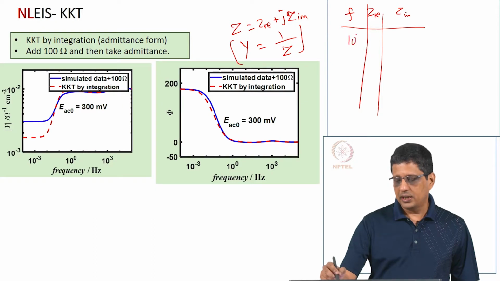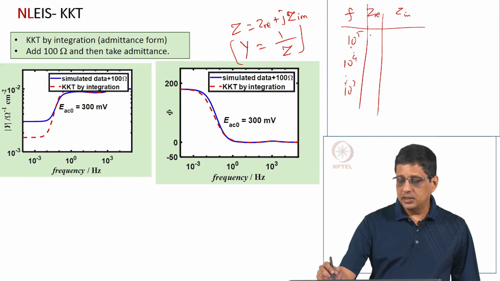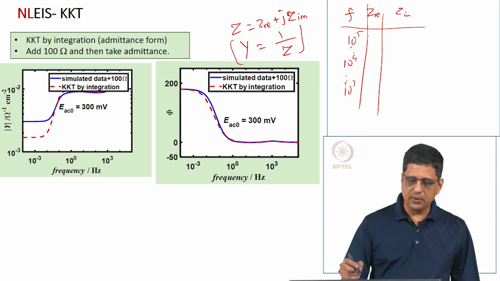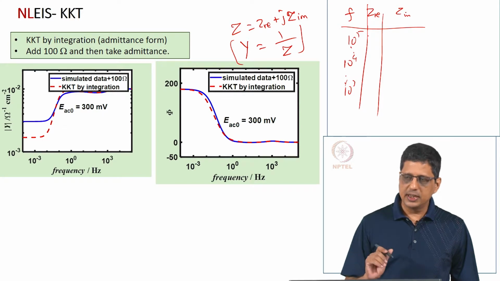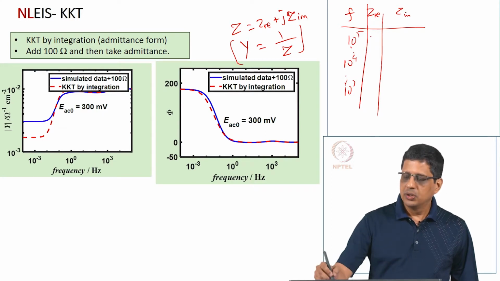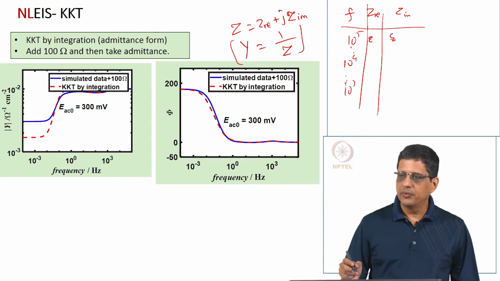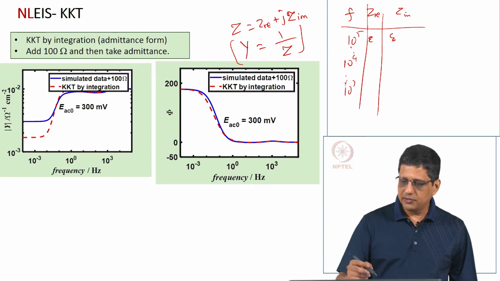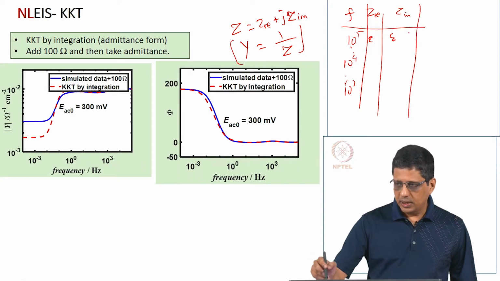So, we have data at 100 kilohertz and of course, many intermediate values. This is going to be a very small number, close to 0, because we assume the solution resistance is not there, right. So, when we take the inverse to find the admittance, it is going to be extremely large and numerical round off error will come in, and that means the admittance value is going to be a very large number.